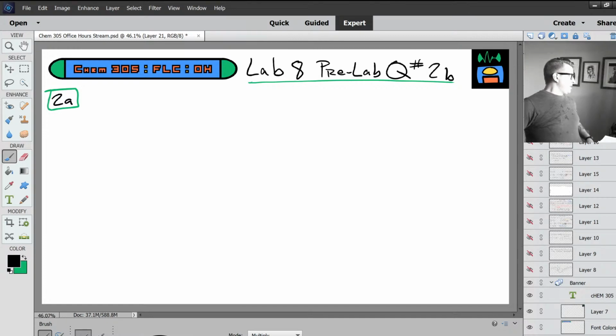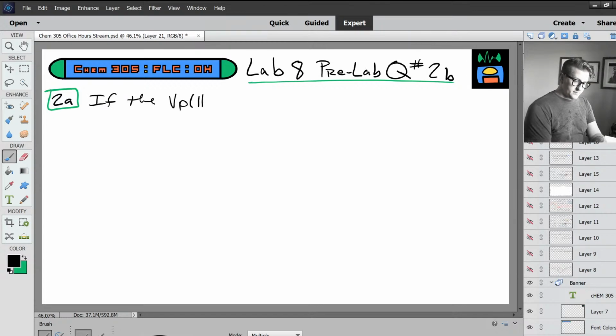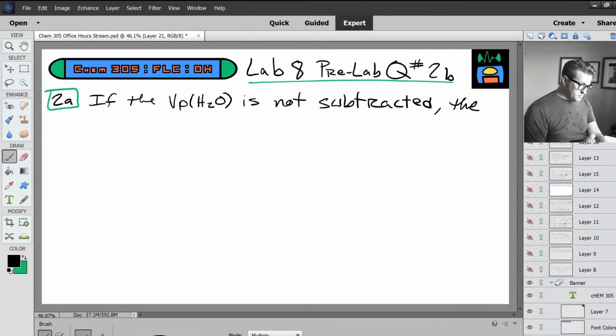So if you do not subtract the partial pressure of water, when they say what would happen to the pressure value if this were not done, so if the vapor pressure of water is not subtracted, then logically, if you don't subtract this value, the calculated partial pressure of hydrogen would be too high.